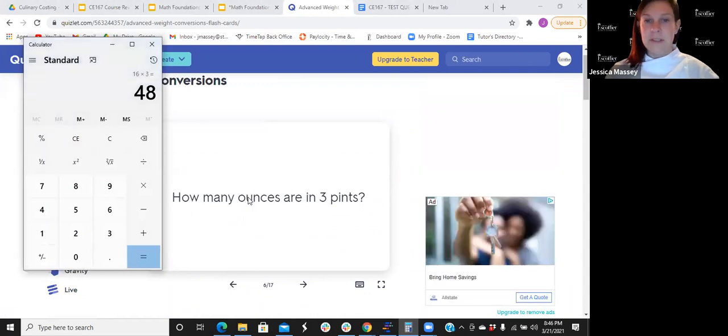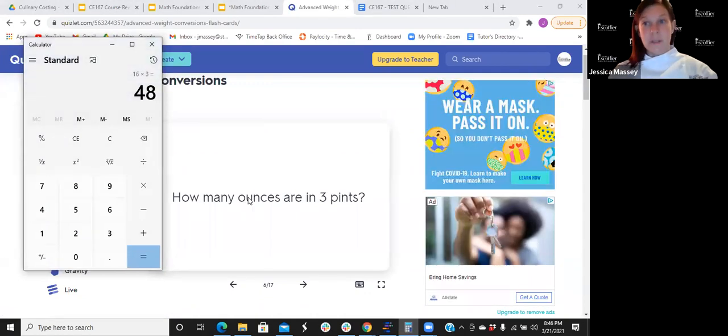You'd want to know how many ounces are in 1 pint, which is 16. Now, if you don't know that, there's always a way to find that other than Google. Let's say there's 2 cups in 1 pint, and there's 8 ounces in 1 cup.